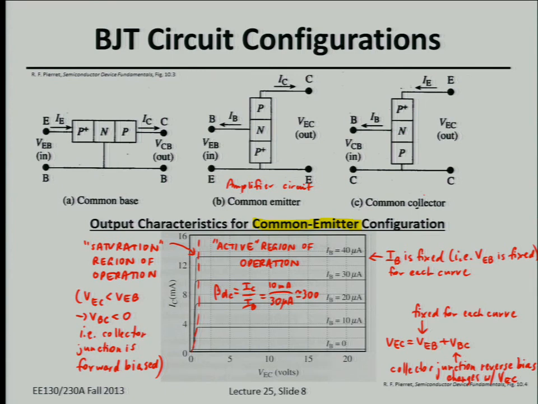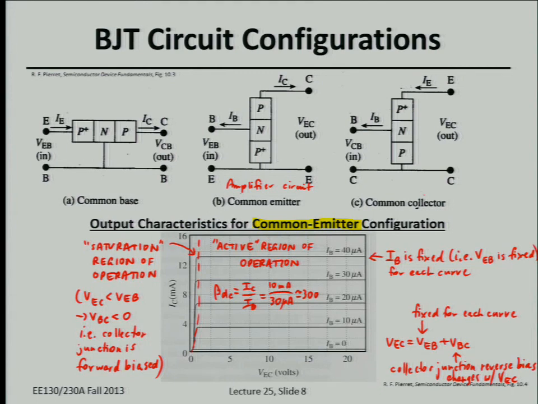So in this saturation region, the reason why they call it saturation is because the base is becoming saturated with excess minority carriers. That's why they call it saturation. It's a different way of using the word saturation than for the MOSFET, right? For the MOSFET, they call it the saturation region, where the curves are flat because the current saturates.